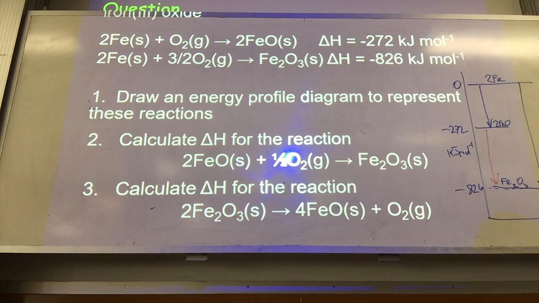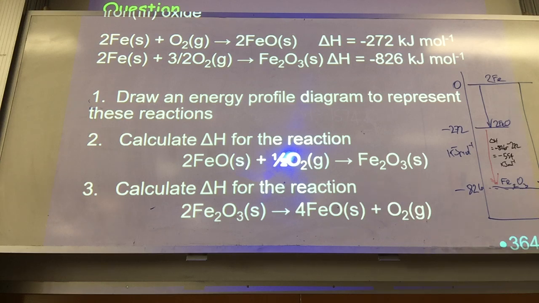So we'll use black. Delta H will equal 826 minus negative 272, which equals 554, negative 554 kilojoules per mole.